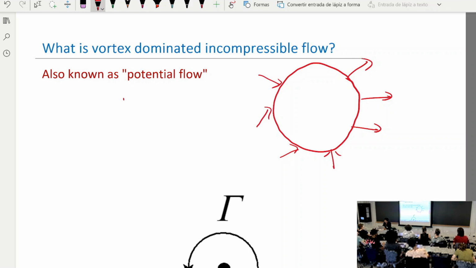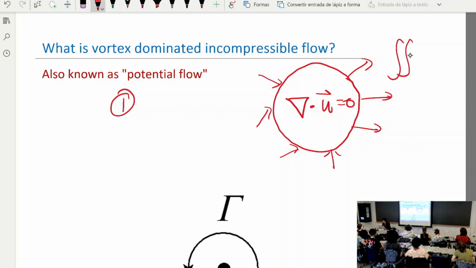Mathematically speaking, that is basically saying the divergence of velocity equals zero. Or in conservation form, the total surface integral of velocity dot normal has to equal zero.